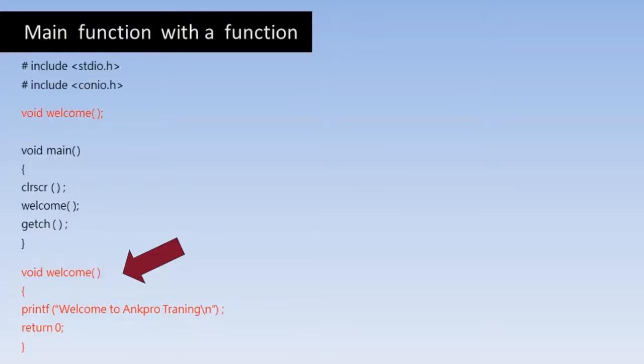The compiler comes to this place and executes whatever code is inside, and return means this function is returning 0 to the calling function. Which is the calling function? Main is the calling function, right? So the control comes back to this place and getch will execute. These are the two functions, an example of a user-defined function.